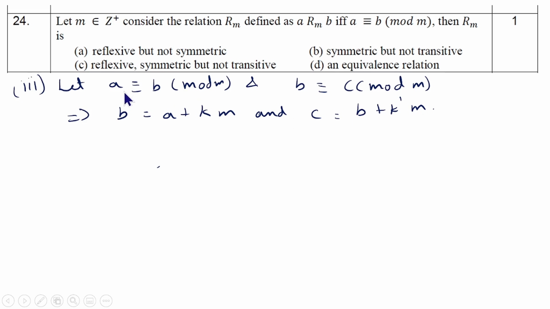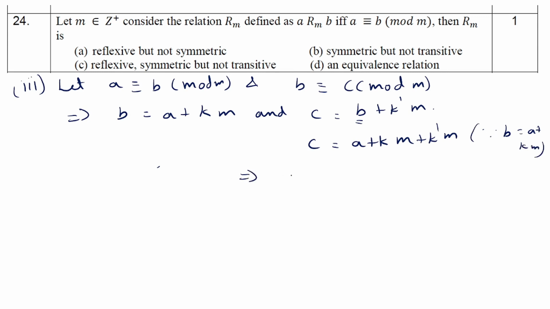Since A is congruent to B mod M, we can write B is equal to A plus some constant K into M, and since B is congruent to C mod M, we can write C is equal to B plus some constant K dash into M. Here if we substitute for B, we get C is equal to A plus KM plus K dash M, since B is equal to A plus KM.